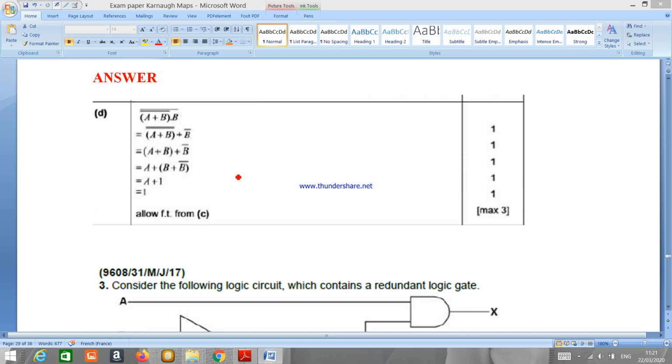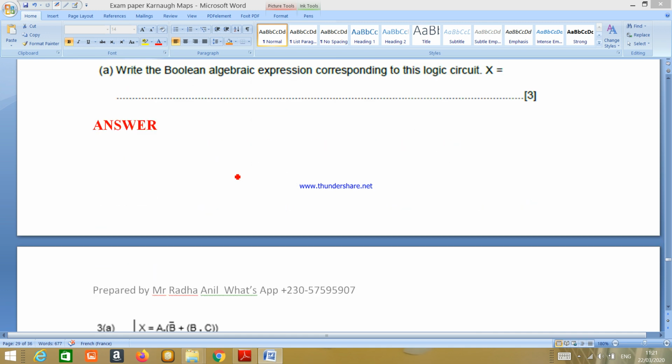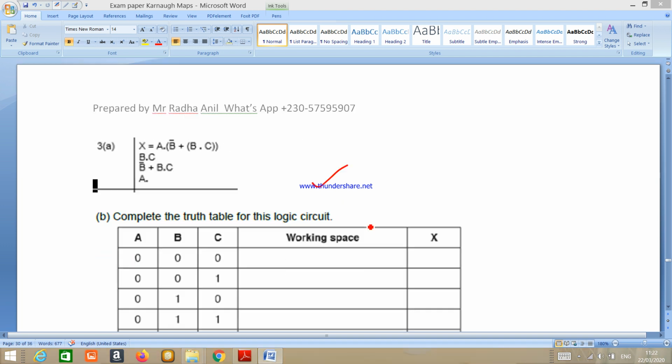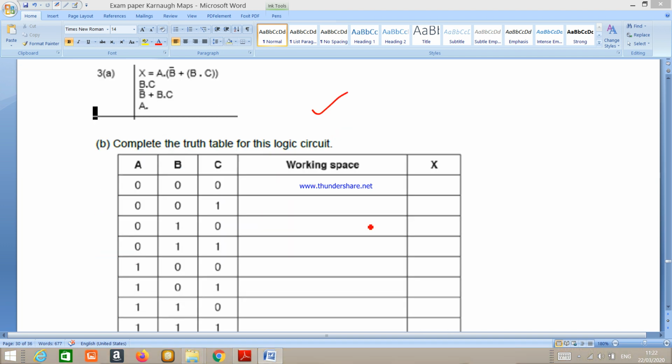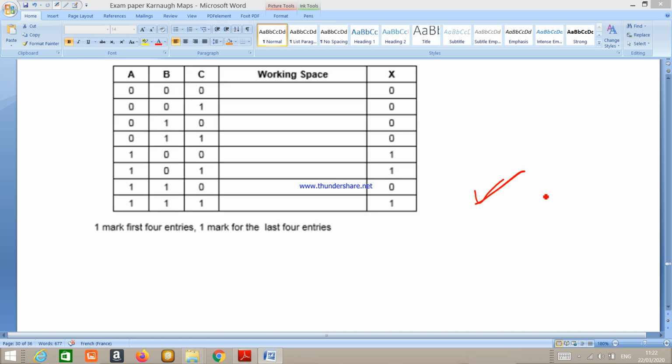Okay, you can do this on your own. Now this one is easy. You have the answer. You can work it out. Okay, and the truth table also is easy. You can try it. You can try this nowadays.